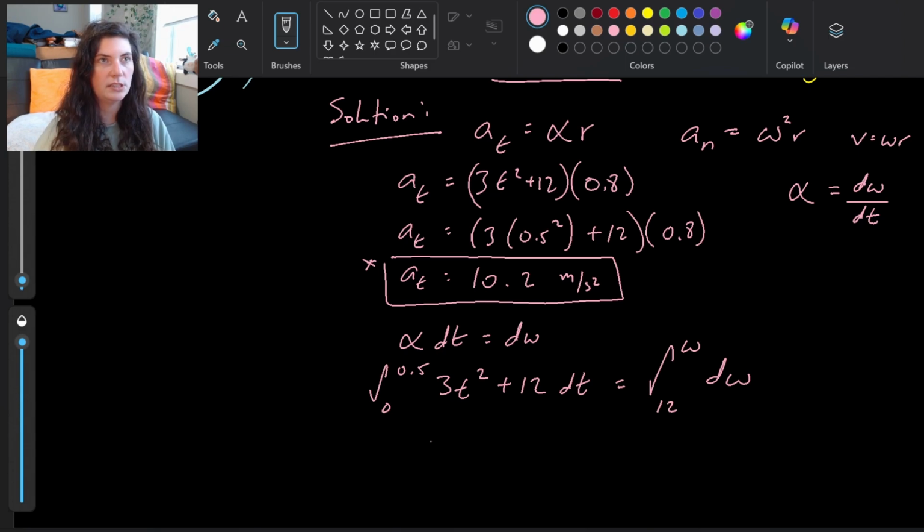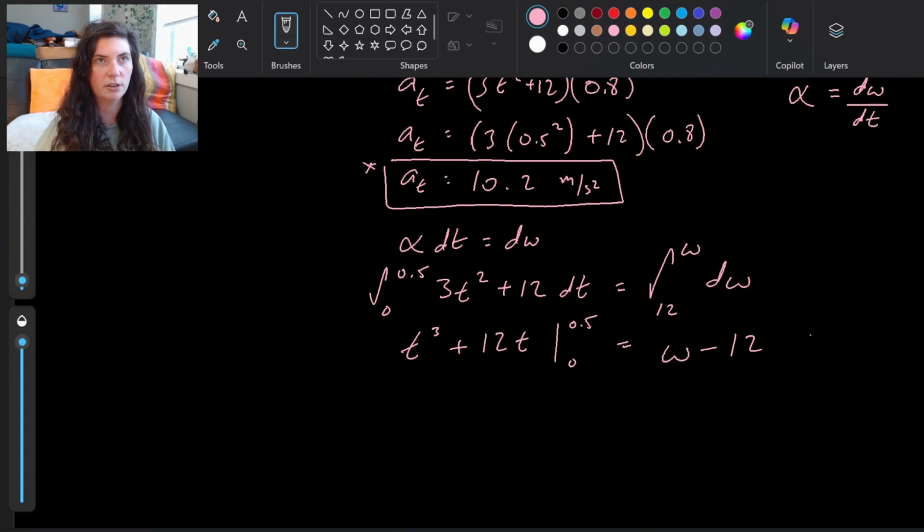So when I do this integral, I'm going to get t cubed plus 12t, evaluated from 0 to 0.5, equals omega minus 12. Right, the integral of d omega is just omega, evaluated from 12 to omega is omega minus 12.